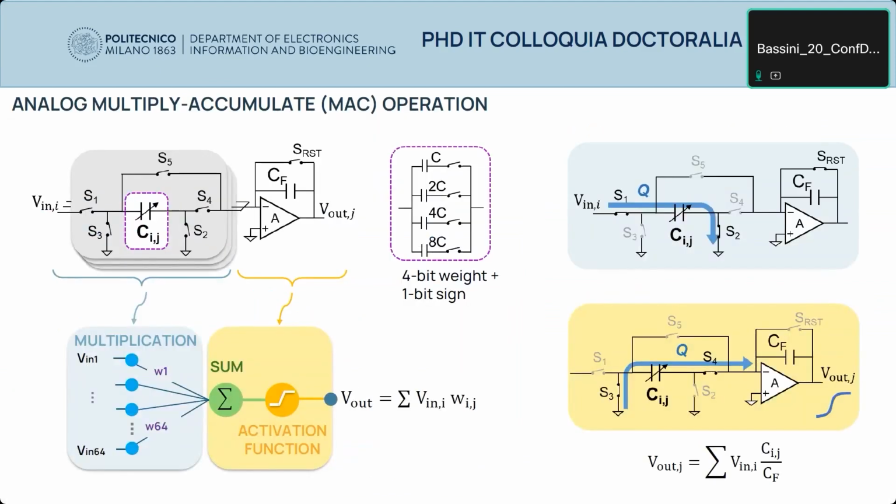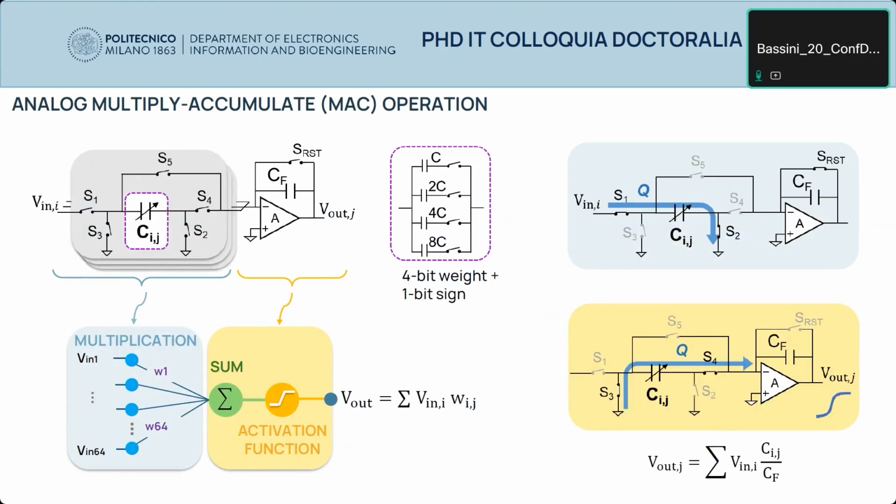This approach has the advantage of reducing power consumption and latency, and therefore improves the overall energy efficiency of the system. So the inference operations, which are the multiply and accumulate operations, are performed in the charge domain. Briefly, the input voltages sample a charge on the variable capacitor, which is implemented as a bank of binary scaled capacitors, which implement the neural network weight with 5-bit resolution.